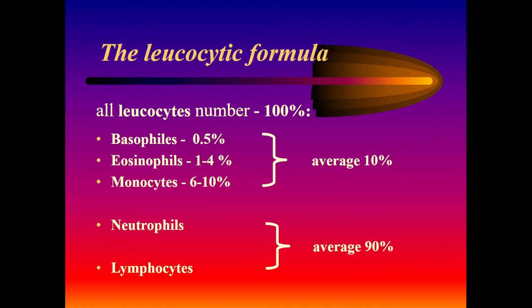All of this group is on average 10%. Neutrophils and lymphocytes together make up on average 90% of the leukocyte number.